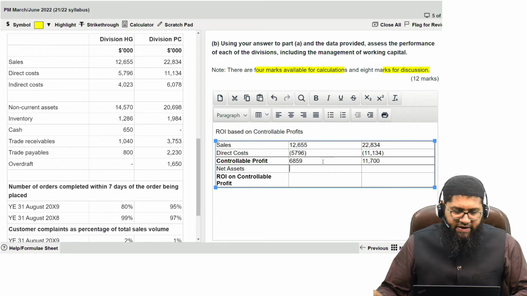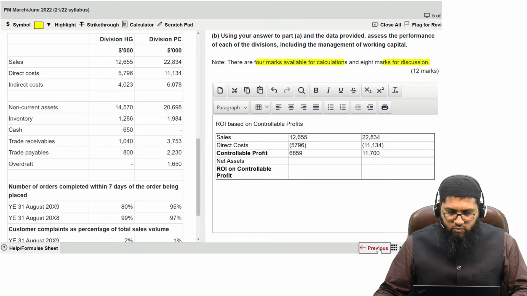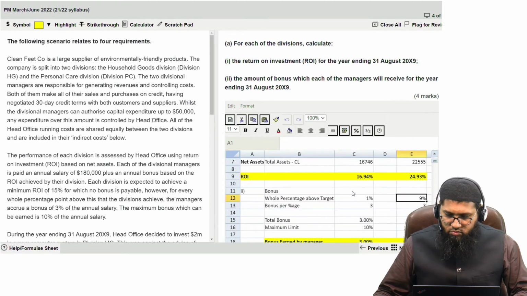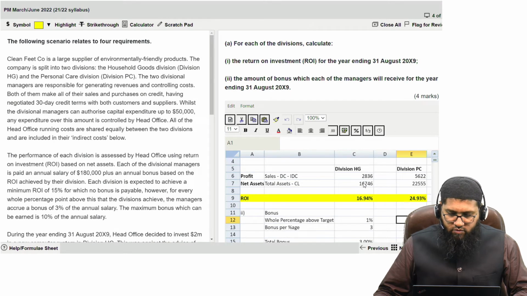The net assets, we just calculated them also. 16,746 and 22,555.